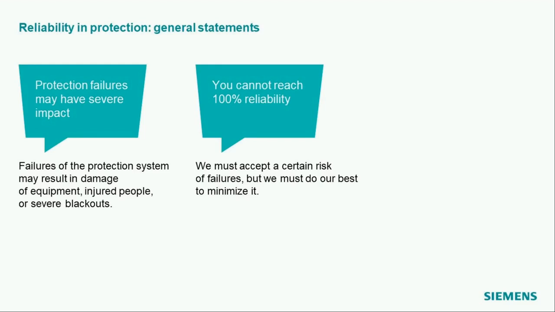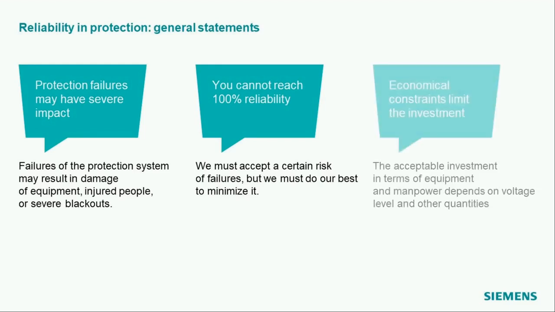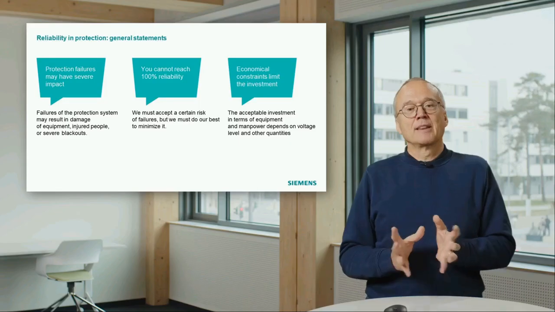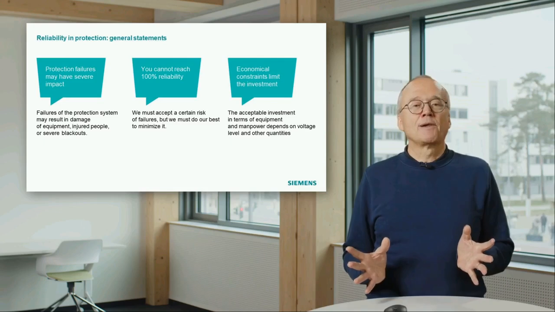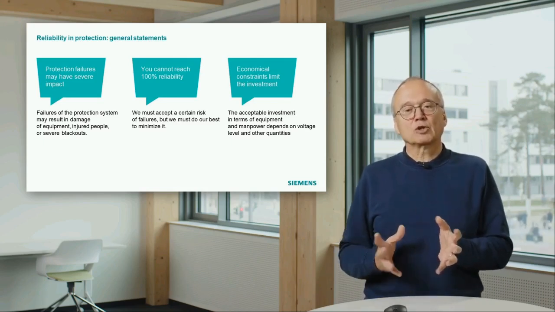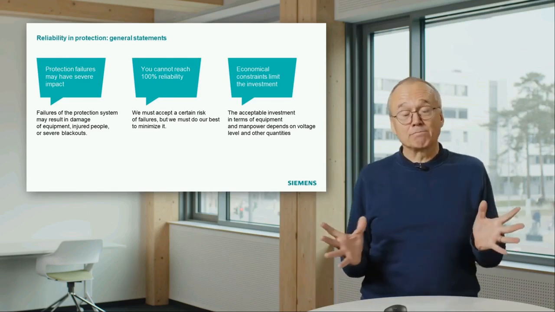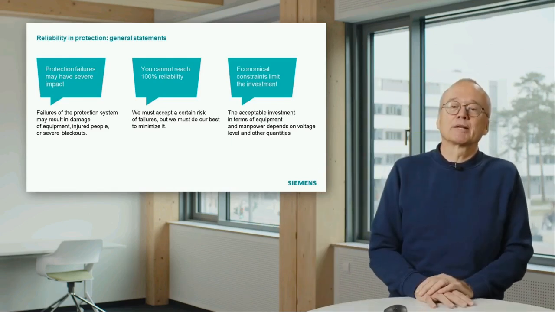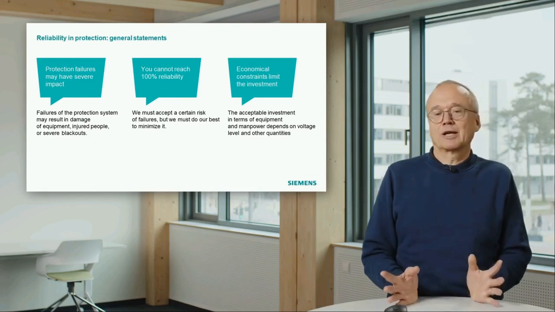We must do our best, but we must also have in mind we have economical constraints. We cannot do as much investment as we would like to do to optimize the system. We always have economical constraints. That means the amount of equipment we are allowed to install, and also the manpower we have available, depends on the voltage level and also on other quantities.